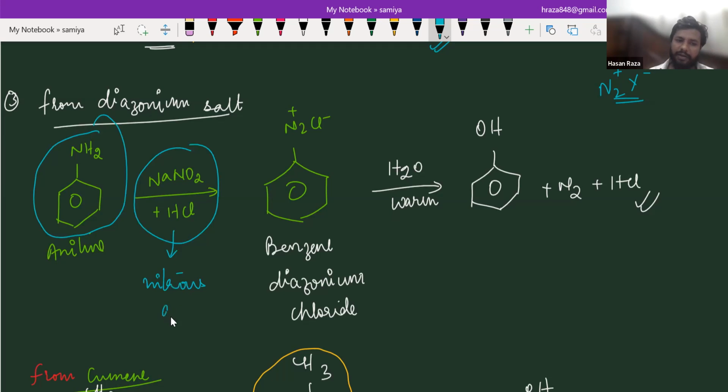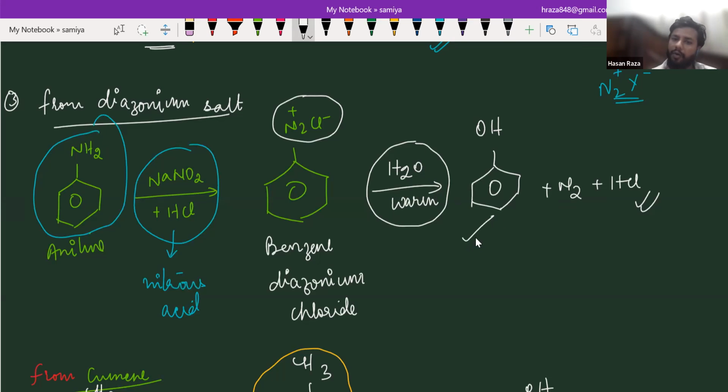When you react this, there will be formation of benzene diazonium chloride, that is a salt, and this diazonium chloride will react with warm water, and then phenol will form along with the evolution of N2 gas, and another byproduct, that is hydrochloric acid. Please write it.